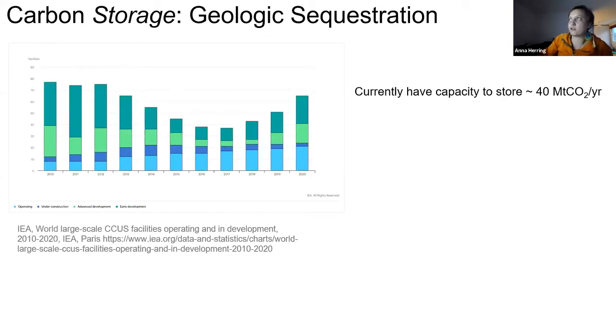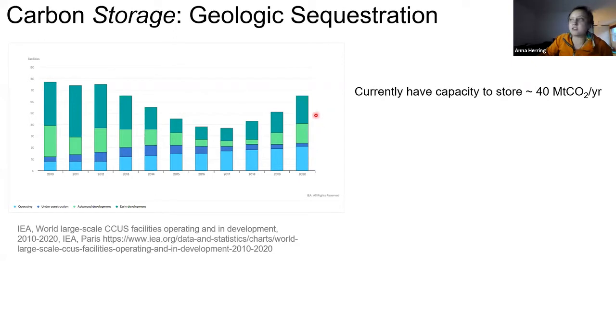So of course, the Northern Lights project is not the only carbon dioxide storage project that's operating worldwide. There are more storage facilities, and there's even more in development. This is a figure from the International Energy Agency. The blue bars are storage projects that are either operating or under construction, so they're soon to be in operation.